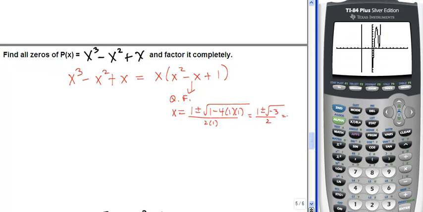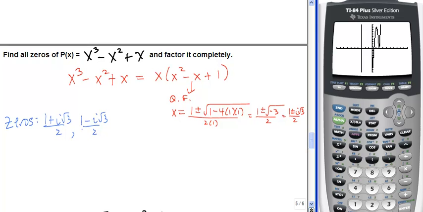And if I pull out that negative and turn it into an i, then I get 1 plus or minus i root 3 all over 2. So there's 2 of my zeros: 1 plus i root 3 over 2, and 1 minus i root 3 over 2. Or you could just list it as 1 plus or minus i root 3 over 2. You can list them separately or together with that plus or minus symbol.